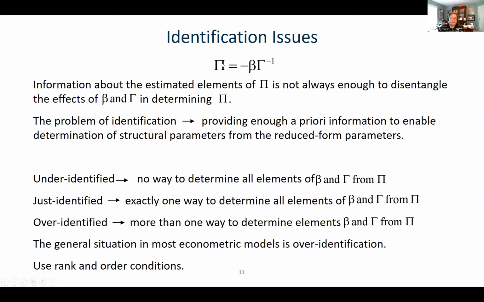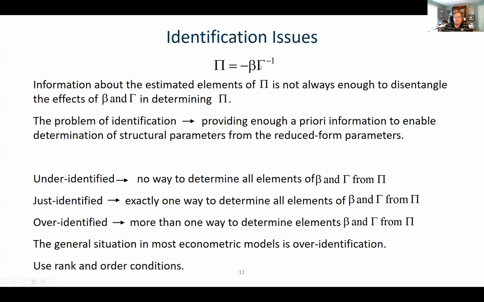Remember the pi matrix here, the matrix of coefficients from the reduced form equations. These coefficients turn out to be a nonlinear combination of the coefficients associated with the simultaneous system: the beta matrix here, that is, the coefficients associated with the endogenous variables, and the gamma matrix, the coefficients associated with the current exogenous, lagged exogenous, or lagged endogenous variables.